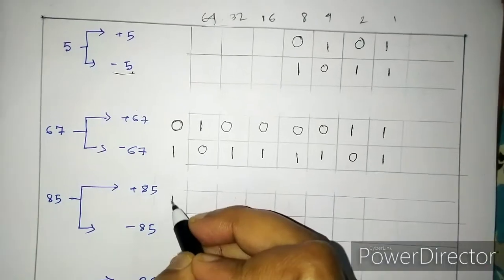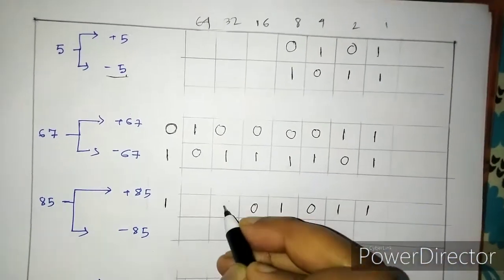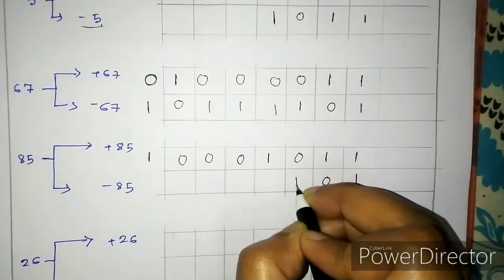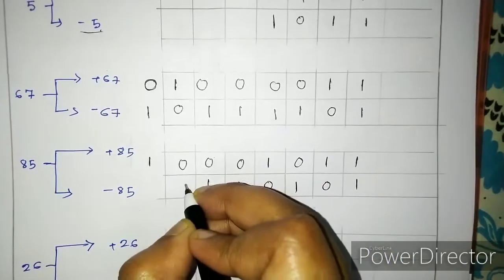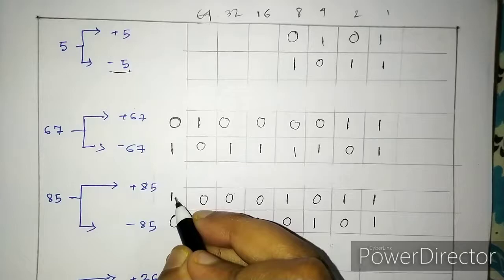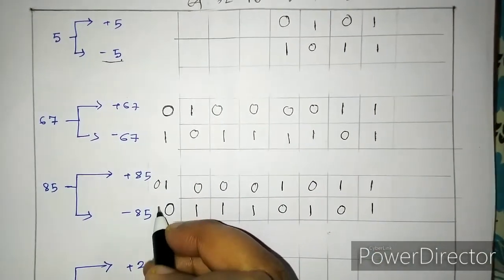Now 85: 64, 8, 2, 1. Right? What will it be? 1, 0, 1, 0, 1, 1, 1, 0. And for positive numbers there is a 0, so for a negative number there will be a 1.